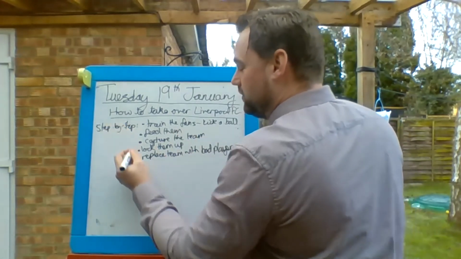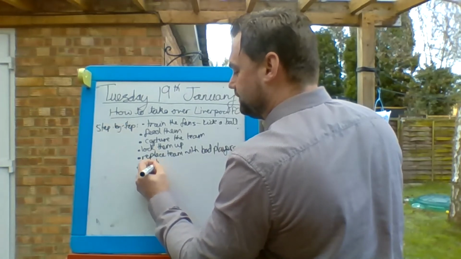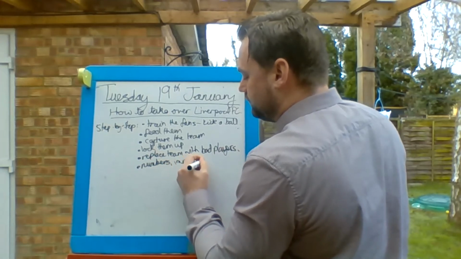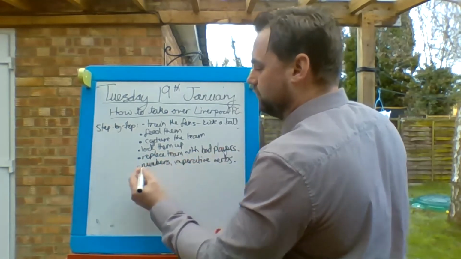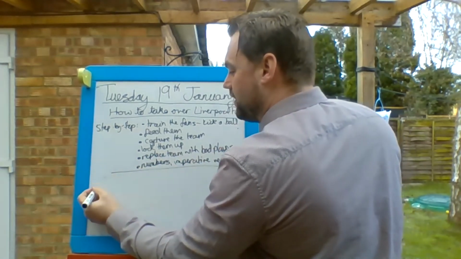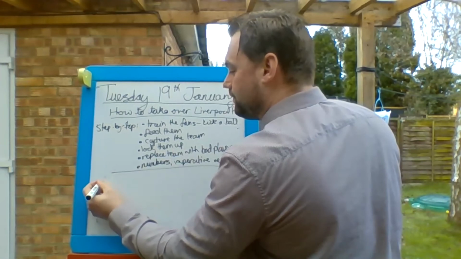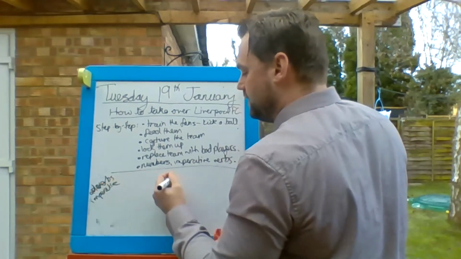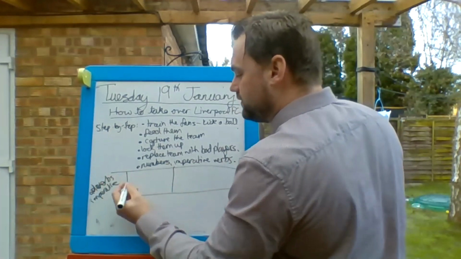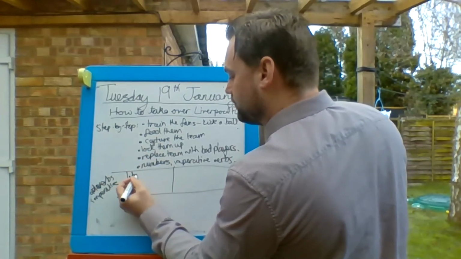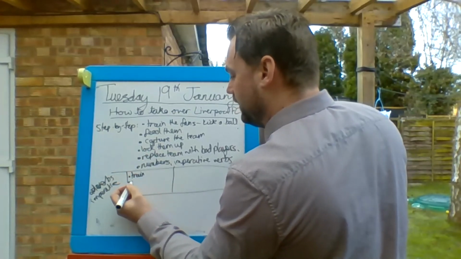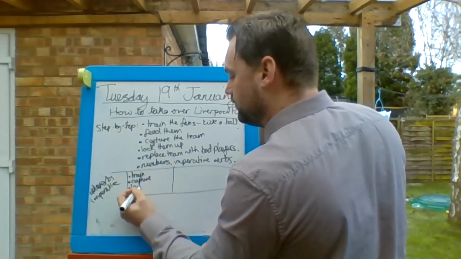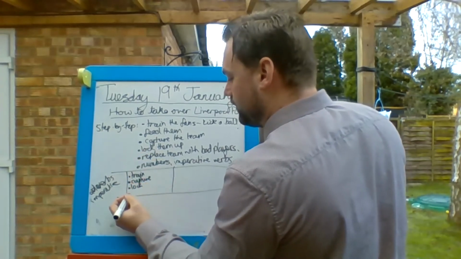Okay, also what I'm going to include in my step-by-step are numbers, imperative verbs, and make sure it's in chronological order. I'm then going to think about my adverbs, and my imperative verbs. So imperative verbs, I may use the word train, capture, lock the door, replace.